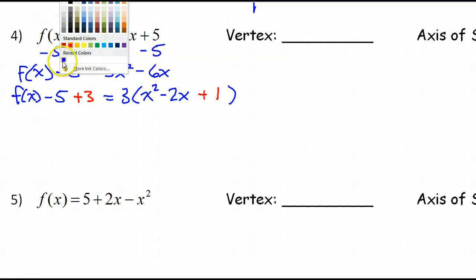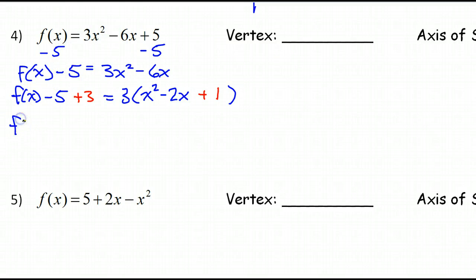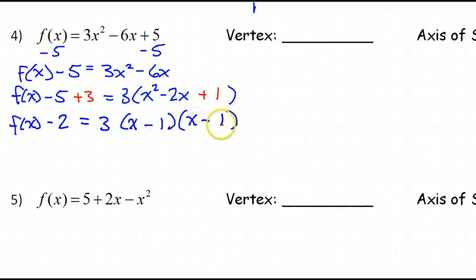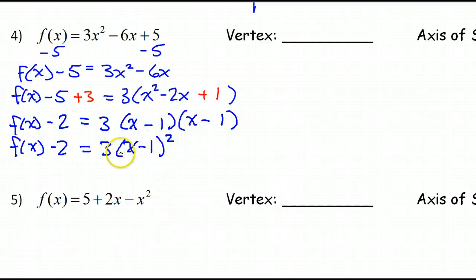Okay, back to blue. So this gives me f of x minus 2 is equal to 3 times, and let's factor this, x minus 1, x minus 1. Which means I have f of x minus 2 is equal to 3 times x minus 1 squared.